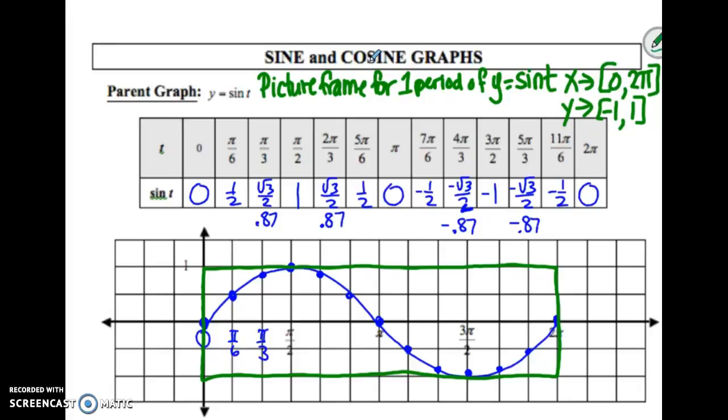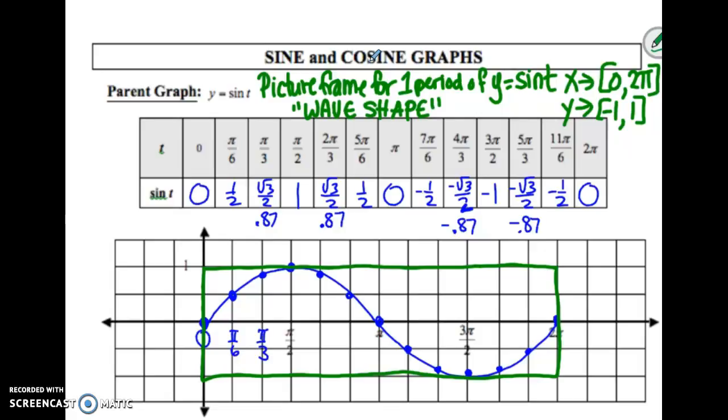The sinusoidal curve is just going to keep going. So this is just the graph for one period, okay? And also notice that our sine curve makes what I like to call a wave shape, because cosine makes a different shape. So sine makes a wave shape.